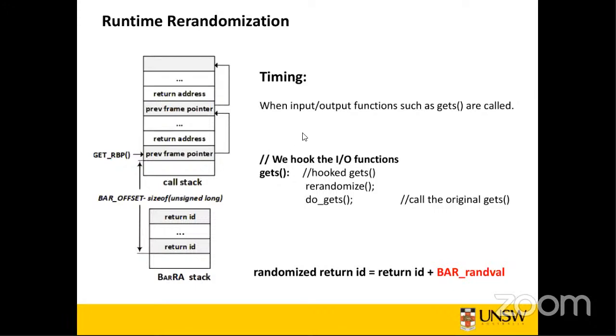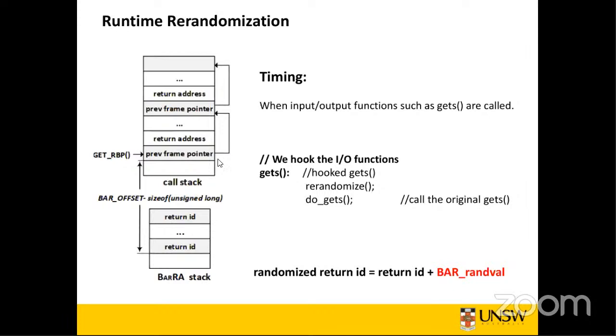In this slide, we show the basic idea of runtime randomization. For each return address on the core stack, it has a corresponding return ID on the BALA stack. It's similar to the traditional shadow stack, but we save the return ID rather than the return address on this shadow stack. So we call it the BALA stack.